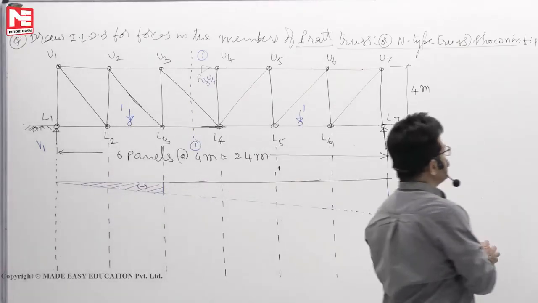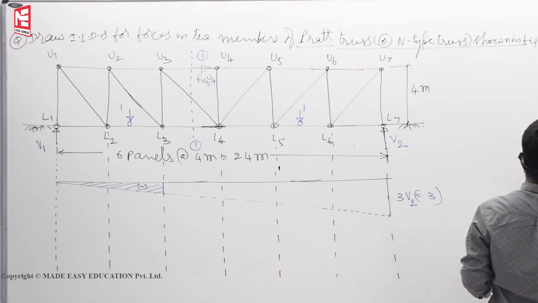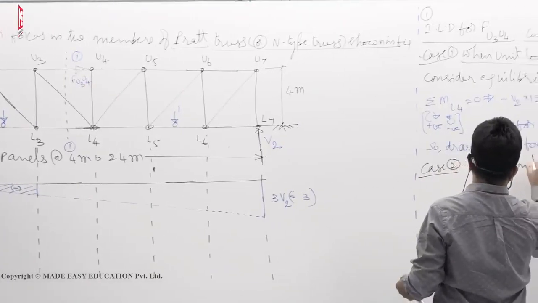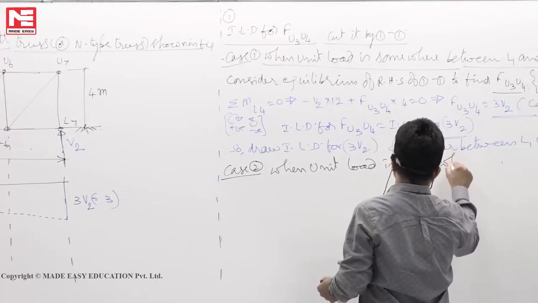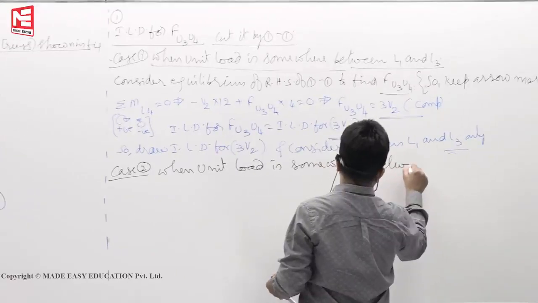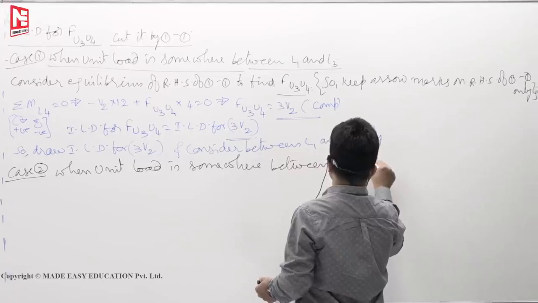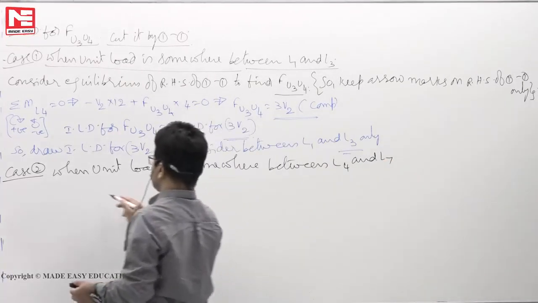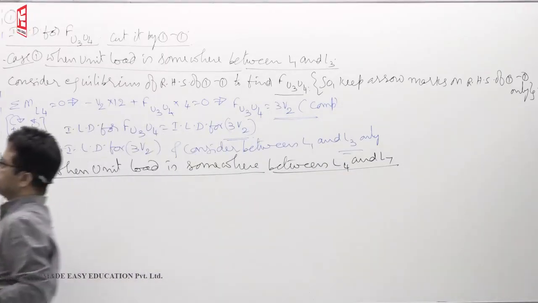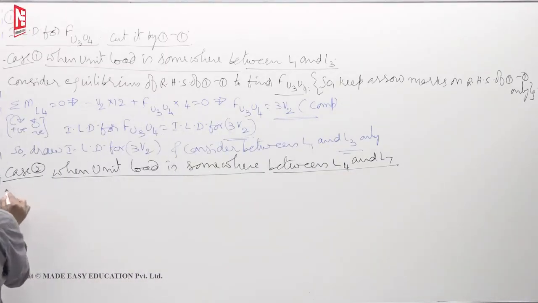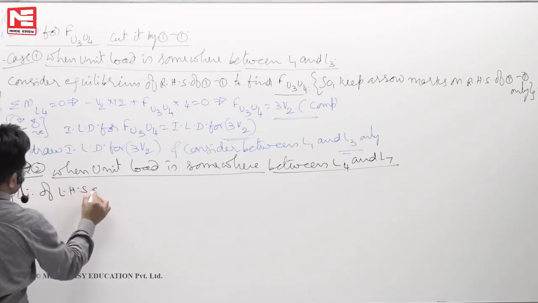So, case 2. When unit load is somewhere between L4 and L7, we will take equilibrium of LHS of 1, 1.